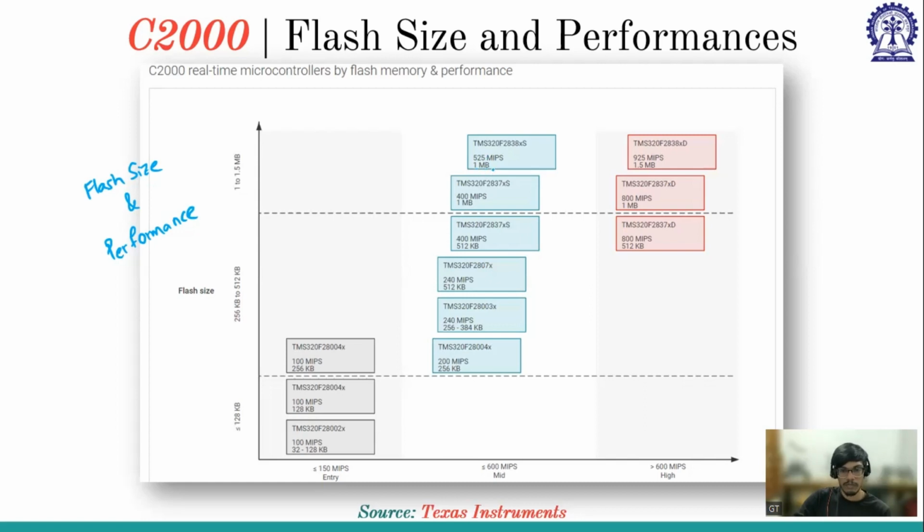So accordingly, if your application requires or demands high flash size, then you'll have to choose a microcontroller which can offer that much size, and also high performance. If we are operating, say, a high frequency DC-DC converter, the frequency itself is high, so the time period is, say, a few microseconds.